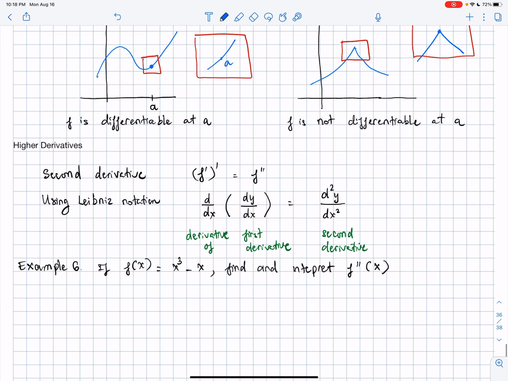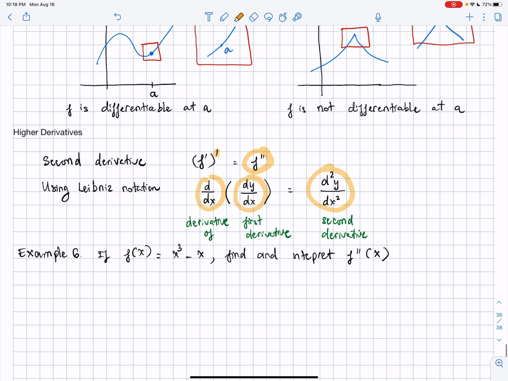Higher derivatives. For the second derivative, the notation is f prime prime, or you say f double prime. Or you use the Leibniz notation, where the first is the derivative of the first derivative, so we get the second derivative.